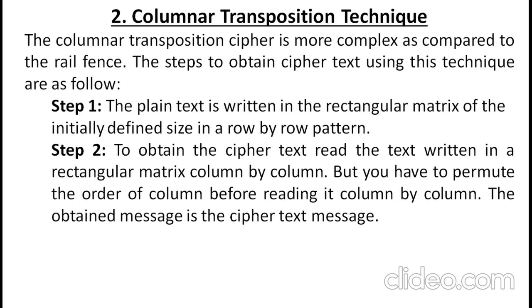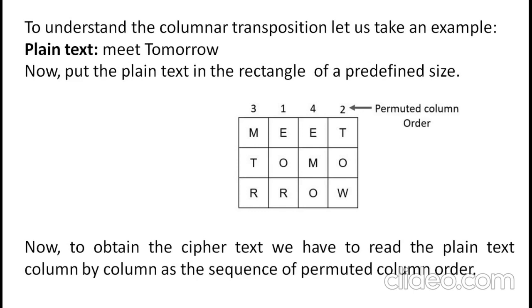Second, to obtain the ciphertext, read the text in the rectangular matrix column by column, but you have to permute the order of the columns before reading. The obtained message is the ciphertext.